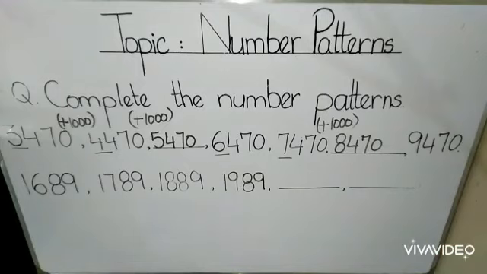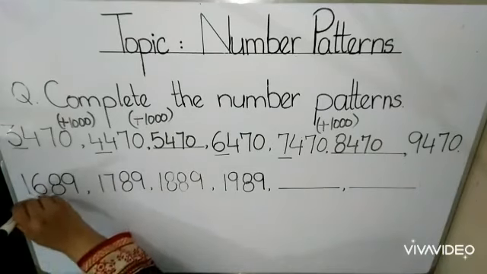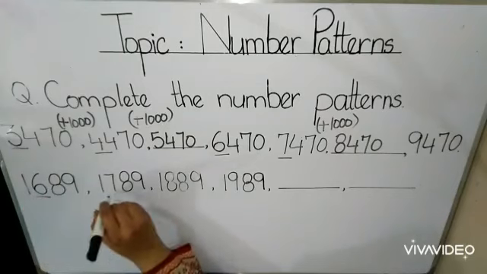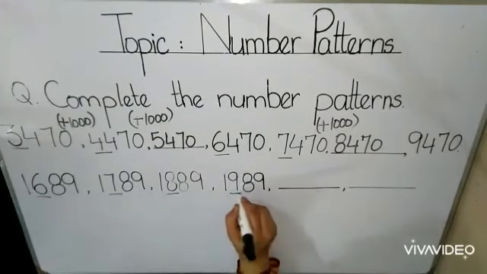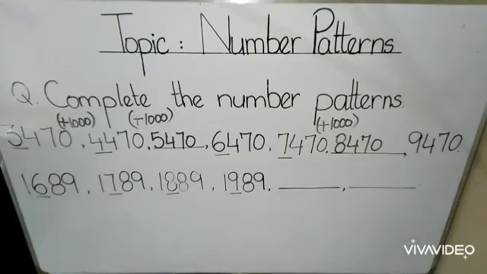In the next part, the numbers are 1689, 1789, 1889, 1989, and then there are two blanks. Here we can locate that the difference lies in the column of hundreds. It's 600, next is 700, 800, and the last is 900.